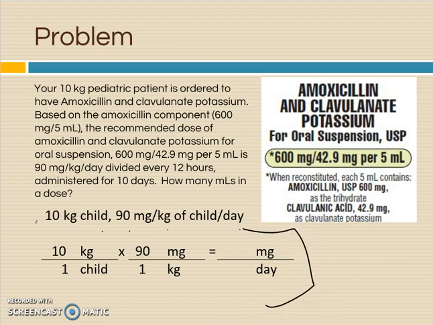So we have the 10 kilogram child, the 90 milligrams per kilogram, and then we have the milligrams per day. So you multiply it. It's really 10 times 90 equals, and then here it is, 900. So now we know that we have 900 milligrams in a day.